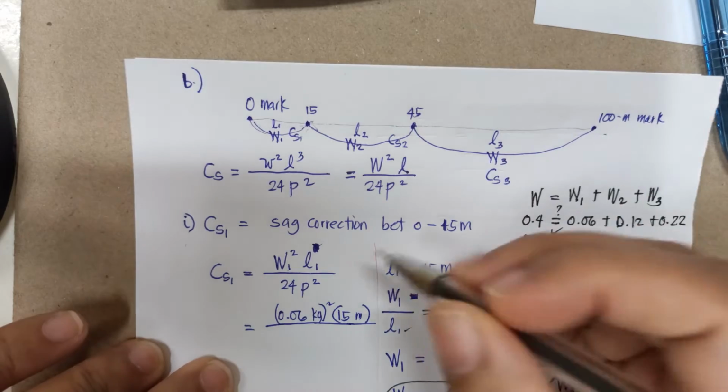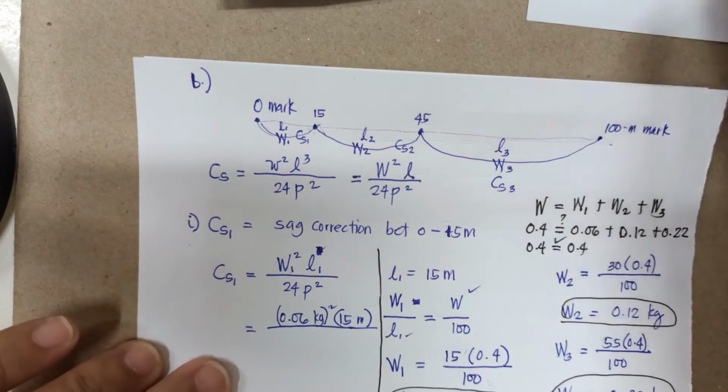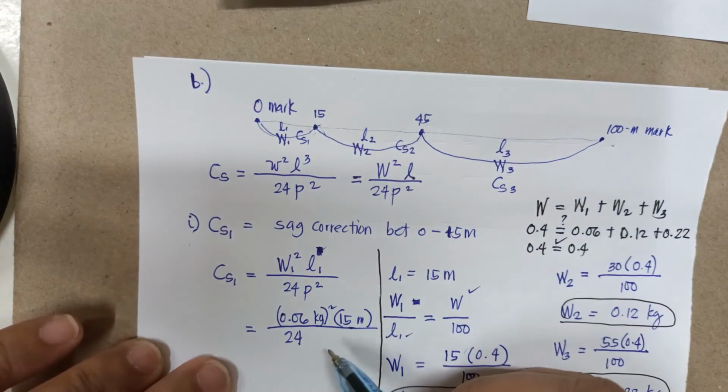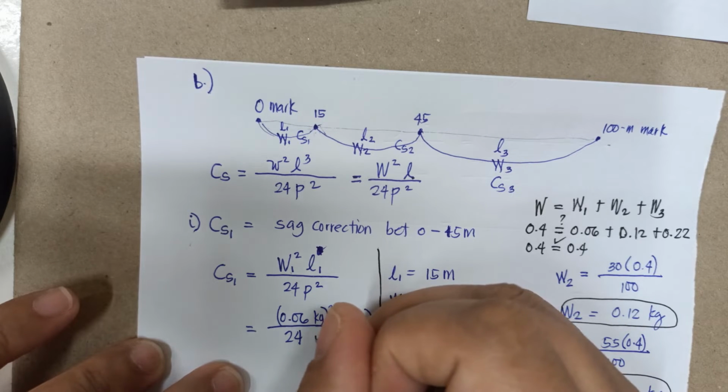My pen is not working. So we have 24, then the applied pull is 5 kilograms squared.